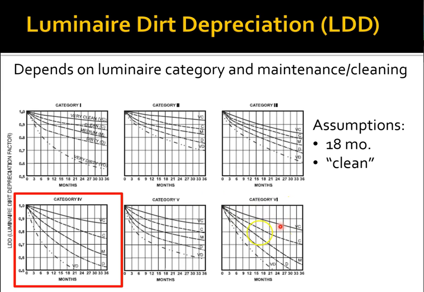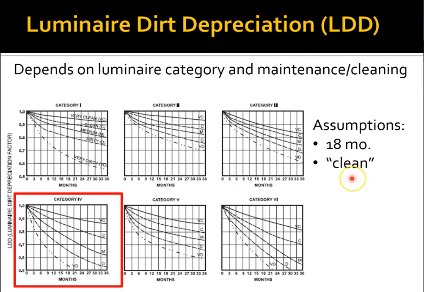We look at this table. Now we have options here. We can do very clean, clean, medium, dirty, or very dirty. And you notice the very dirty, there's a big drop in output. Then we have less and less the cleaner it is. But even very clean, you're going to have some depreciation. You can't prevent it. Dirt and dust is going to get on that lens and the lamp.